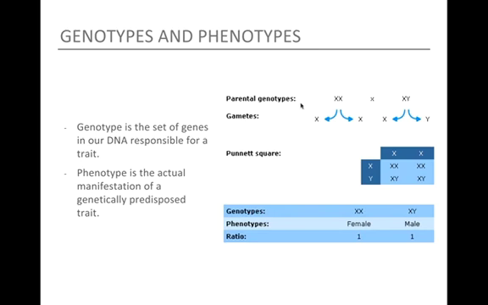And this helps us understand the sex of the child, whether it's male or female. And phenotype is the actual manifestation of a genetically predisposed trait. So if it's XX, this means that the person is a female. If it's XY, which is the genotype, the phenotype is male, right?